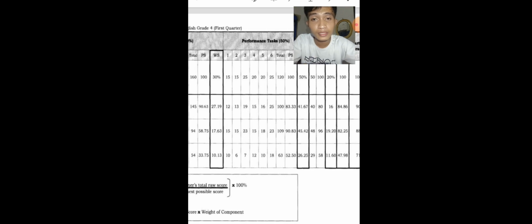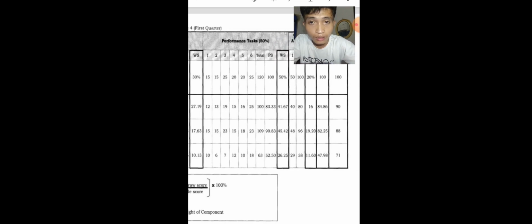Then we multiply it by the weight, which is 30%, so we got 10.13.